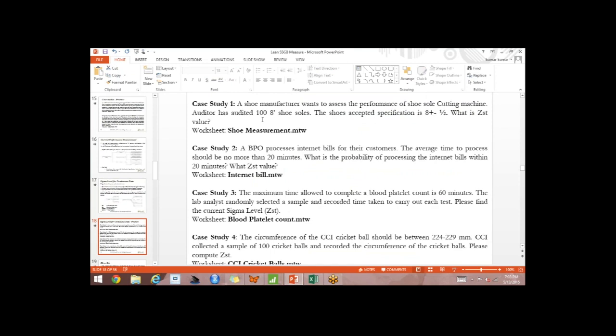Auditor has audited 100 8-inch shoe soles, and the shoe's accepted specification is 8 plus or minus half. So your upper specification limit would become 8.5 and the lower specification limit would become 7.5. And what is ZST value? That is what people are asking. Let me go back to the previous slide.